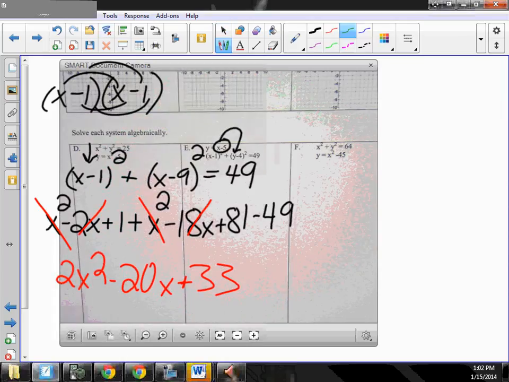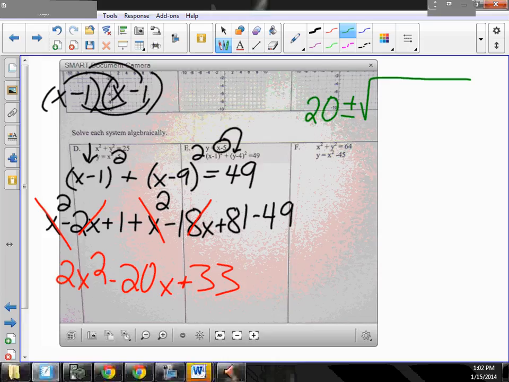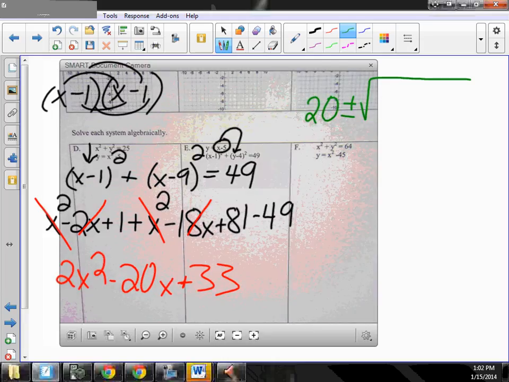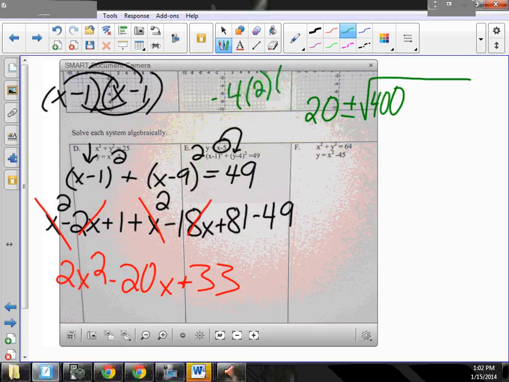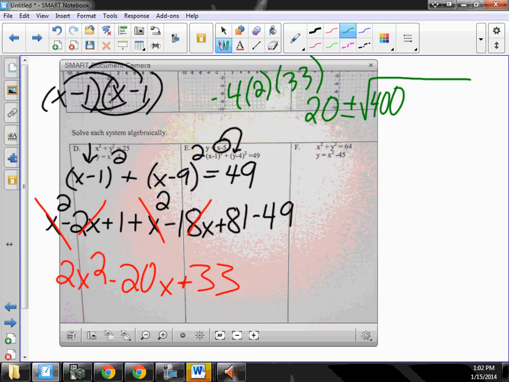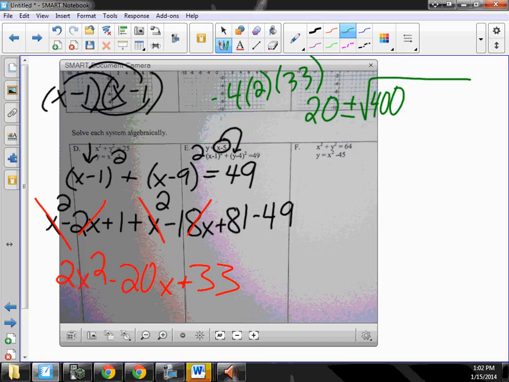Okay, help me out with the quadratic formula. Negative b, so 20 plus or minus the square root. B squared is 20 times 20, which is 400. And then minus 4 times a, which is 2, times c, which is 33. 4 times 2 is 8. 8 times 33 is 240 plus 24, 264.